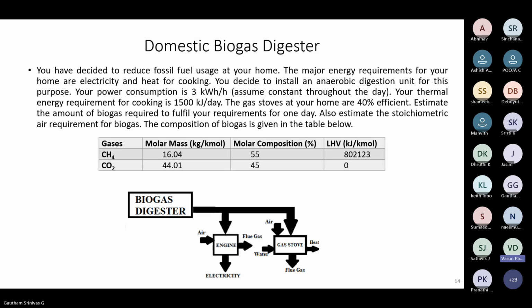Sir, is the value 15,411.14 kilojoule per kg? I've calculated, is it? I haven't calculated. I need to check. Wait 1 second. I'll just calculate right now.